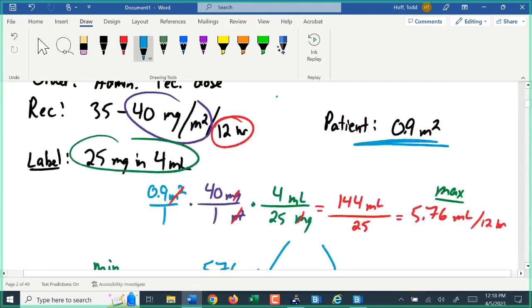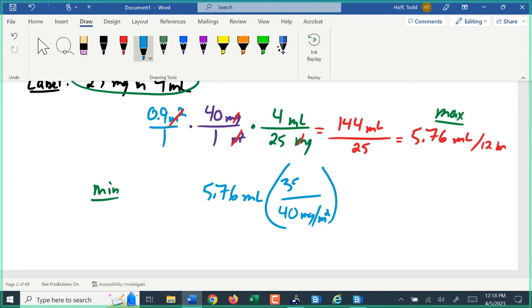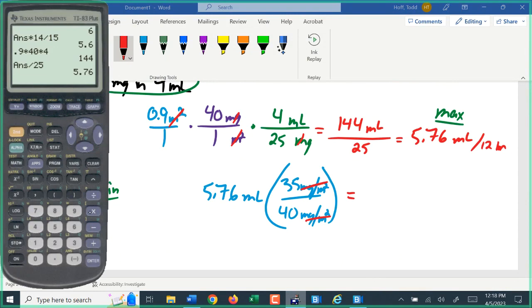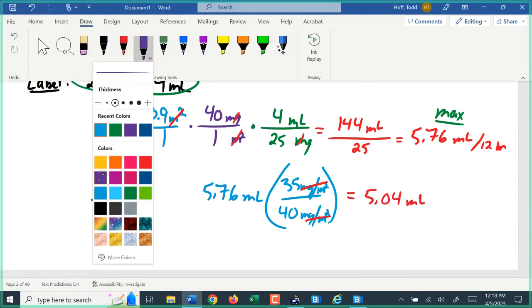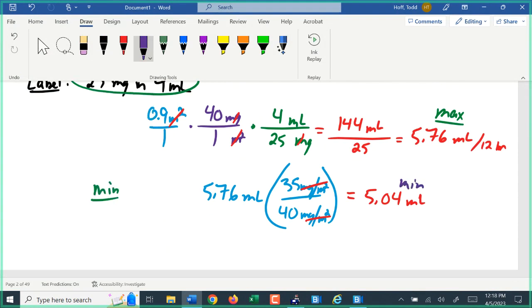We want to go to the minimum of 35 milligrams per meter squared. So the milligrams per meter squared cancel out. It's just going to be the 5.76 times 35 divided by 40. It's 5.04. So that, of course, again, is the minimum recommended dosage.